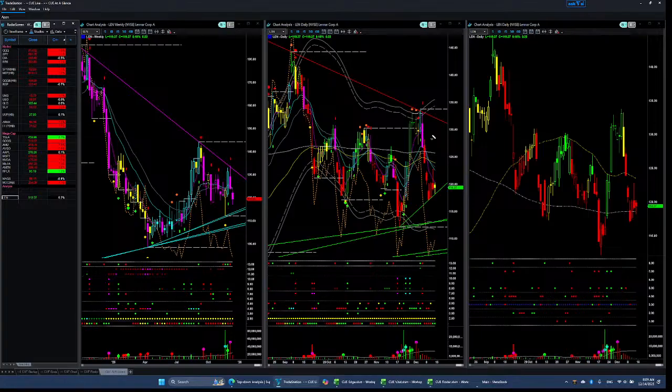I shared Lennar as a bearish short setup on this day. It was reversing from daily and weekly trendline resistance. It had a bearish flow as well as bearish release at that time. Entry price would be the close of Friday one week ago.